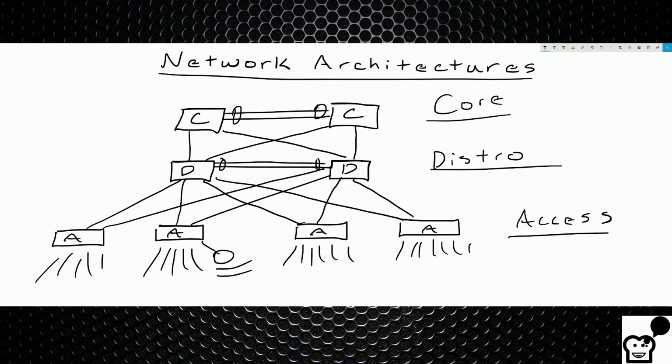So you'll usually see a 3560, 3750s. I'm not really sure if those are still around, but I think the 3850 is the new standard access layer switch. And it'll depend on how many users you are wanting to connect up. So you can have either just one switch, 24 or 48 port.